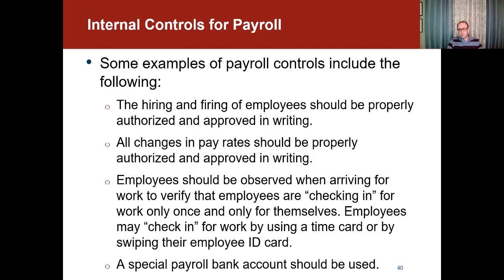Some examples of payroll controls include hiring and firing of employees should be properly authorized and approved in writing, because in some cases we can see that a company would hire fake employees and they start making payments, and these payments go to employees who don't exist, and that can be problematic. Another example would be all changes in pay rates should be properly authorized and approved in writing, because we don't want to start raising salaries or rates for some employees without getting approval, and that can again be very problematic.